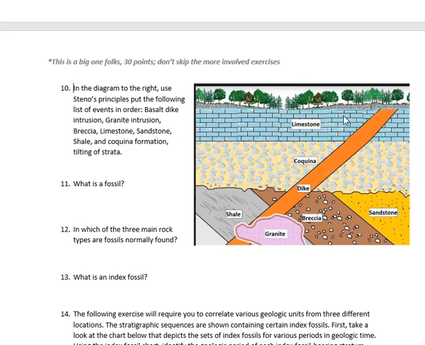Why? Because of Steno's principle of cross-cutting. The dike cut through the limestone, so therefore the limestone must have been there before the dike. So I'm going to put the dike number 1, because it's most recent. Second most recent, oh wait, look, I already made a mistake.